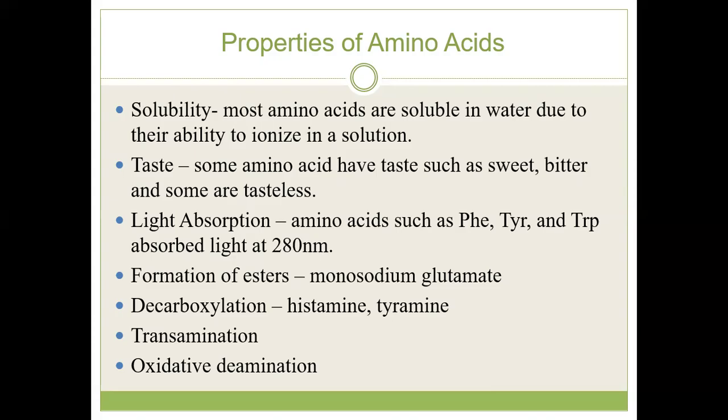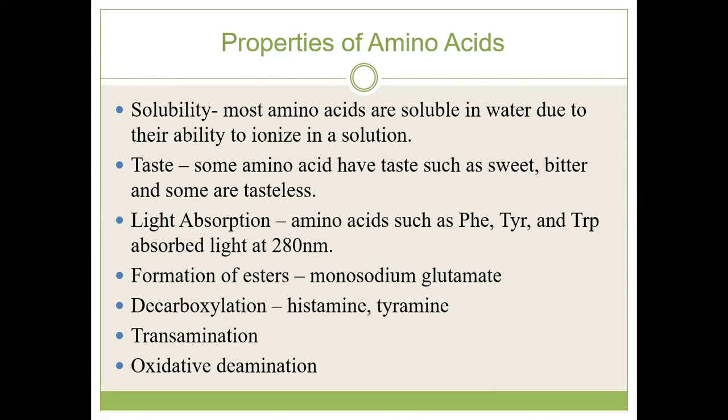The carboxyl group of an amino acid can easily react to form an ester, just like in monosodium glutamate, where you have the sodium reacting with the carboxyl group to form monosodium glutamate. They can also undergo decarboxylation, where the carboxyl group is removed.